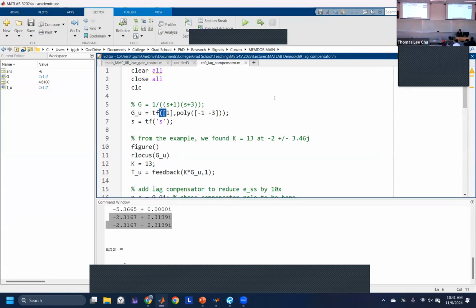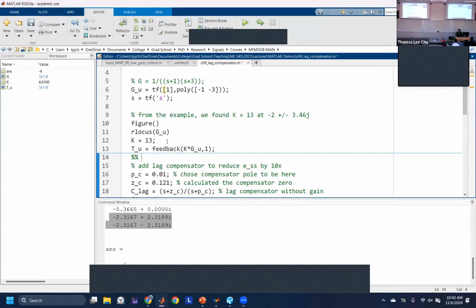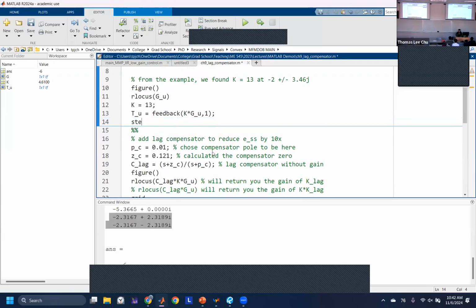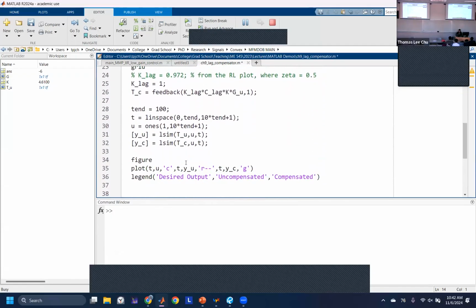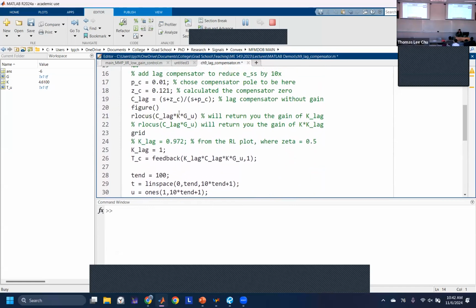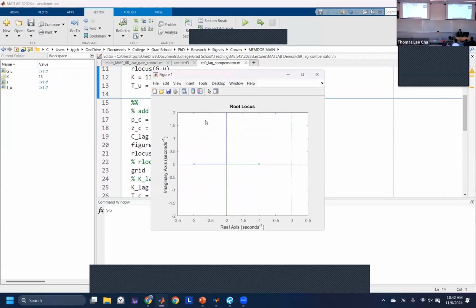And we found our transfer function is 1 divided by s plus 1 times s plus 3. Then this step basically just finds the root locus, and this is our uncompensated gain. So if I run it, all right, I now have the root locus of the uncompensated system.